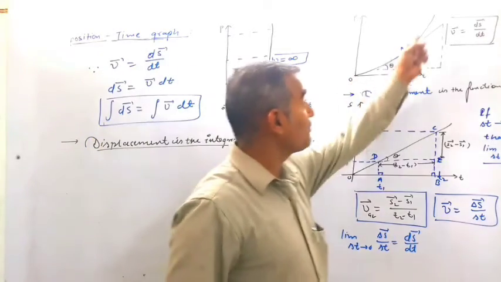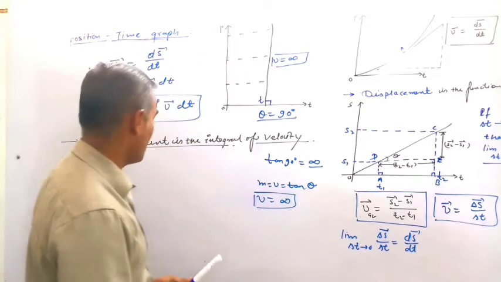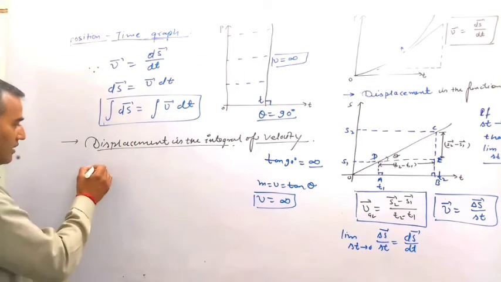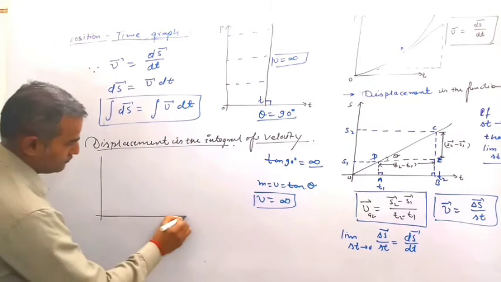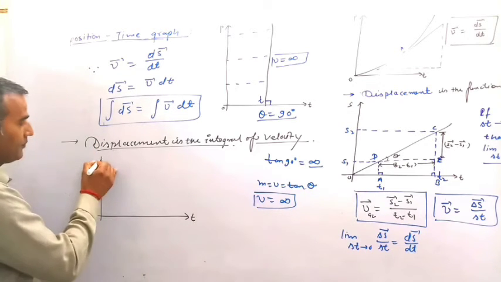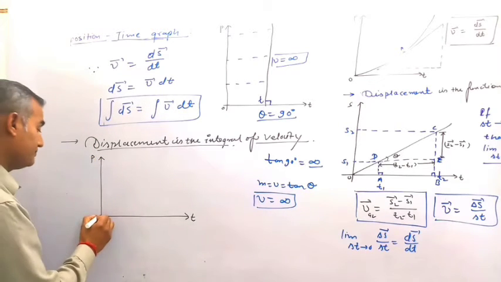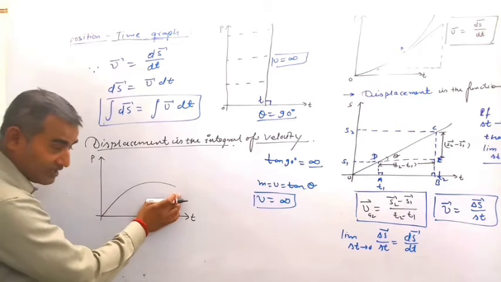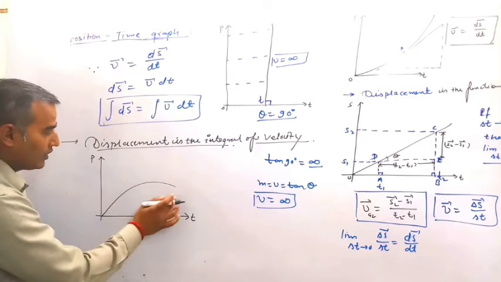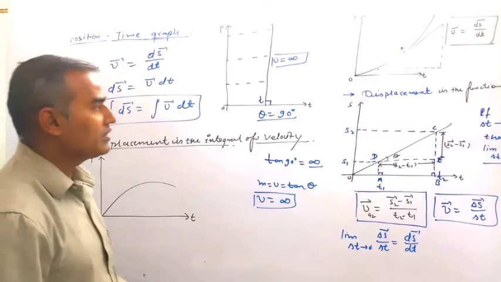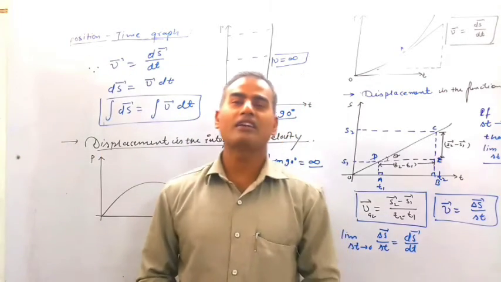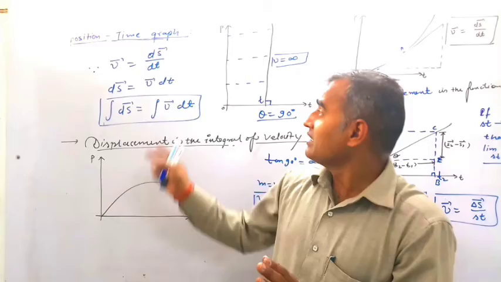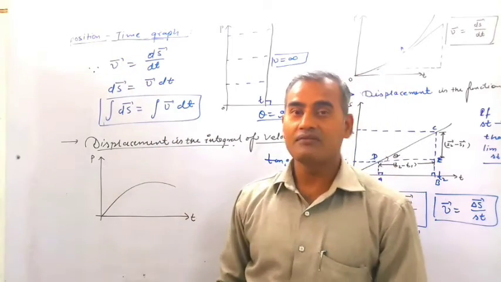This is increasing velocity. Now look at another graph. This position first increases, then decreases. Okay. Therefore, a few important points regarding the position time graph.